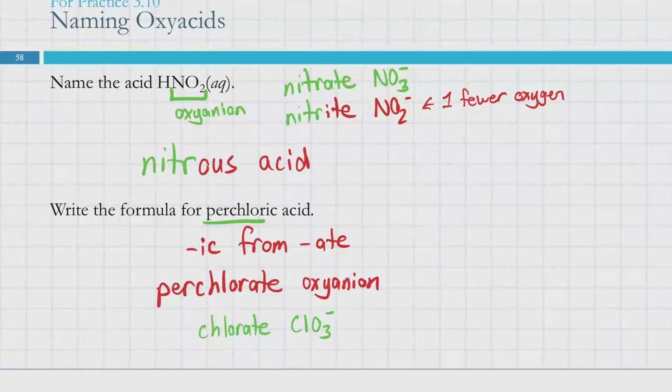We have perchlorate. How does the per affect our ion? It adds 1 extra oxygen. So perchlorate is ClO4 minus.